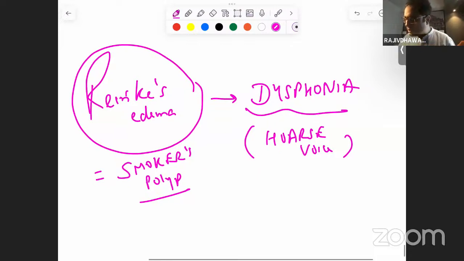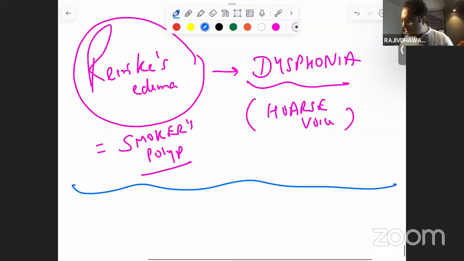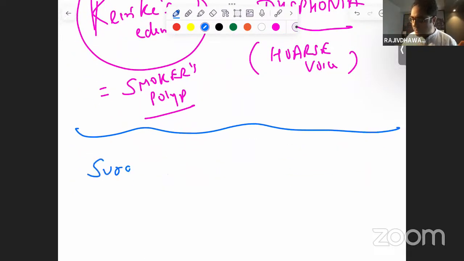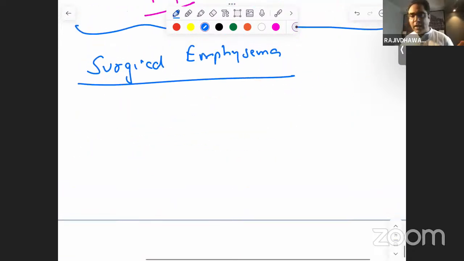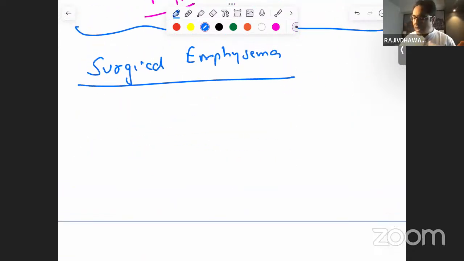One of the controversial questions is, what is surgical emphysema after tracheostomy? Surgical emphysema means air in the subcutaneous plane. Air in the subcutaneous plane after tracheostomy, it can happen. The cause of surgical emphysema is tight skin sutures, my dear friend.